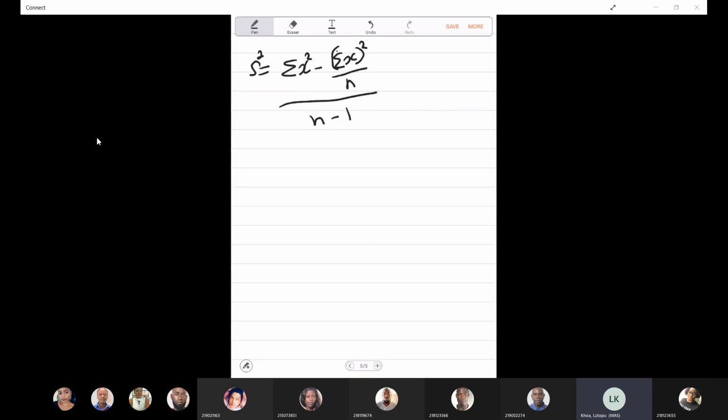Okay, then we will work out what each of these values is. So the sum of your x squared here, can somebody tell me what did you get for this? 21,093.92.